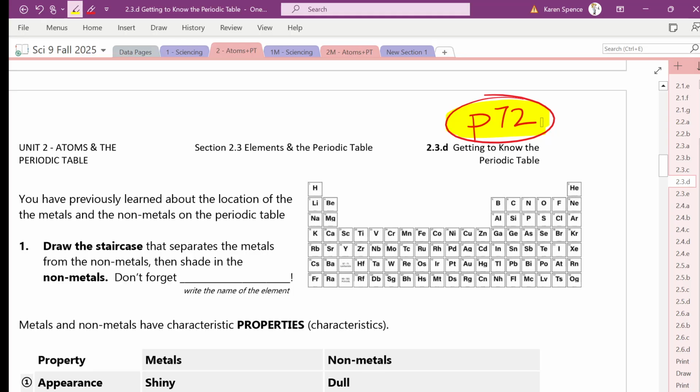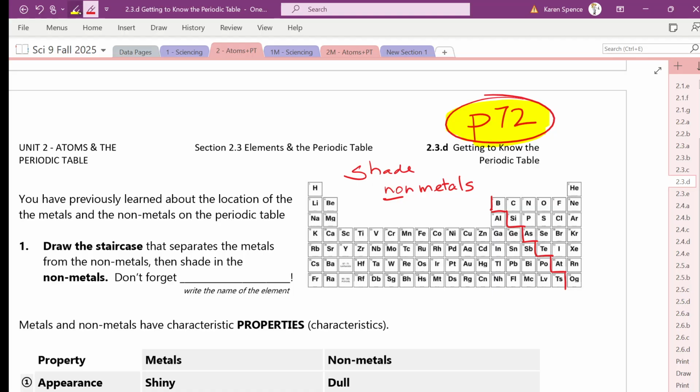You're going to shade the non-metals. We can ignore the metalloids if you'd like.